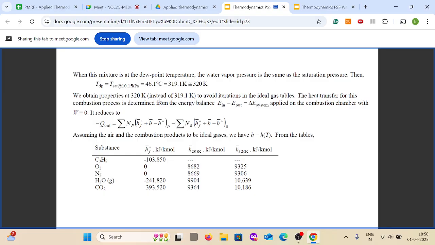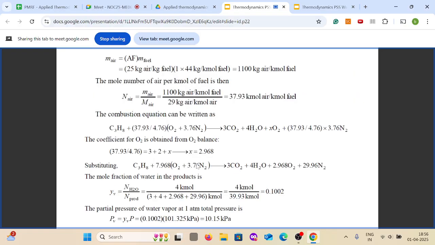So here again the enthalpy formation for oxygen and nitrogen will be 0. So the final expression will be your number of moles into enthalpy formation of CO2 plus delta H of CO2.